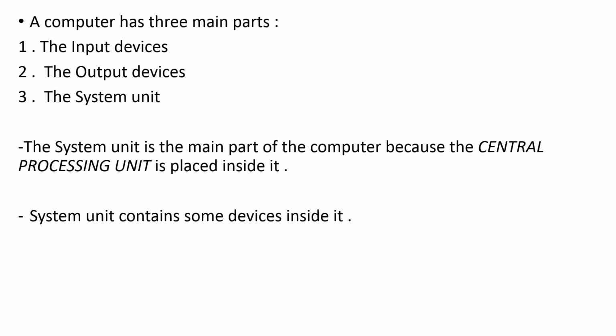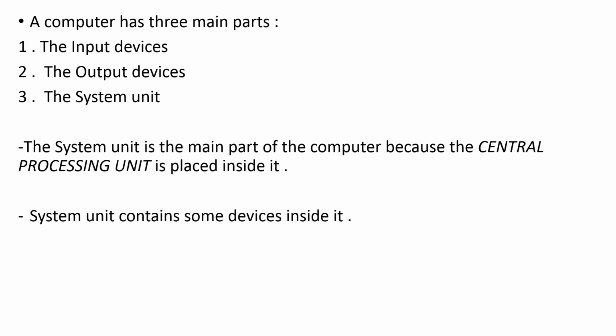You have studied about the keyboard and mouse in your previous class, the fourth class. And output devices means what? Monitor, printer, right? Input devices and output devices you have studied in the earlier classes. Now we are beginning to study the system unit.